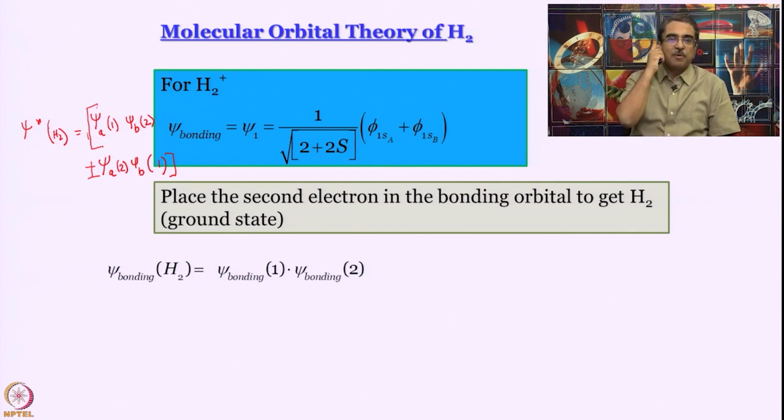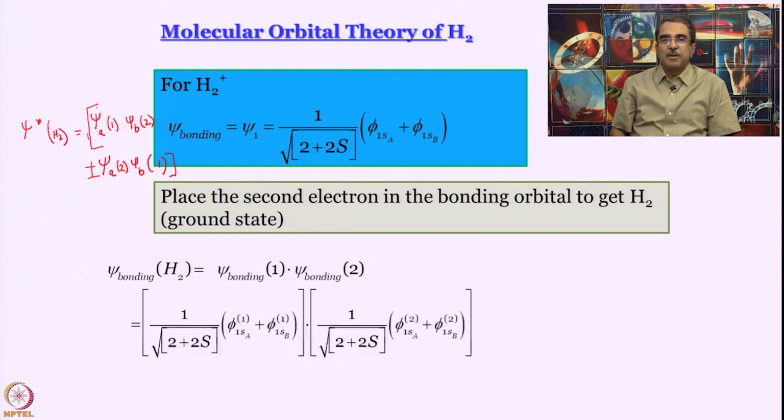But now one thing that is related here is when you write like this, and this is the psi bonding H2, well psi bonding H2 means the wave function, the spatial wave function for the molecule as a whole. Psi bonding 1 and psi bonding 2, here these psi bonding mean actually molecular orbitals.